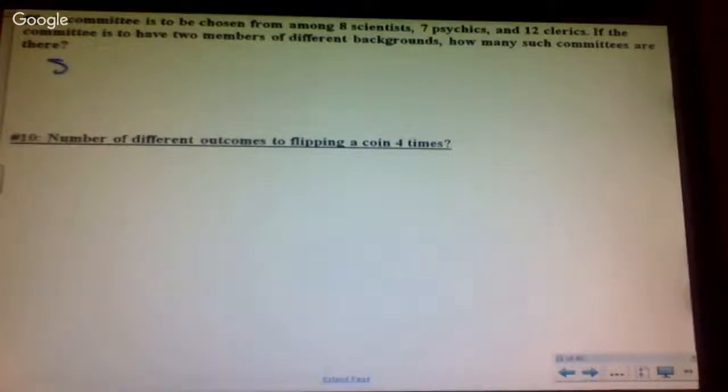Scientists and psychics. Or what else can I pair together? I need 2 members of different backgrounds. Scientists and clerks. Or psychics and clerks.